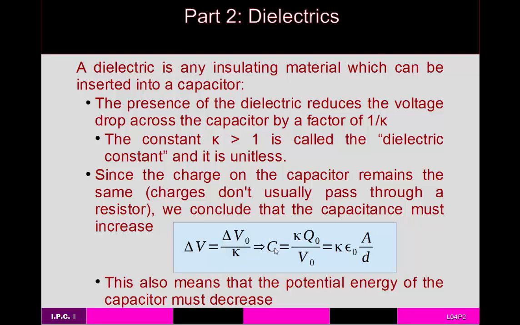So we increase the capacitance by a factor of kappa, we've decreased the voltage drop by a factor of kappa, therefore we've decreased the potential energy by a factor of kappa, because we have a kappa over kappa squared effect, and that means that we have a 1 over kappa effect on the potential energy.